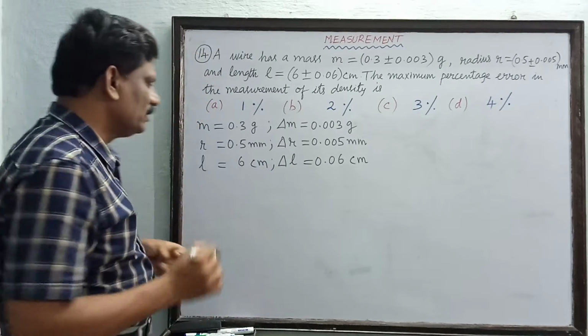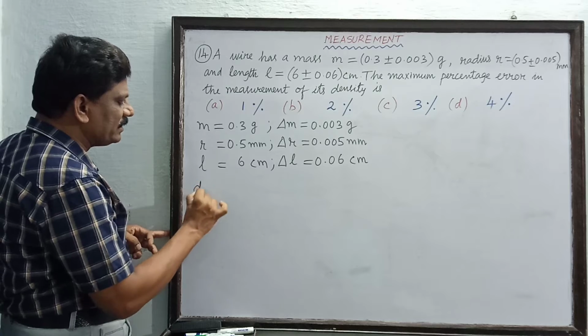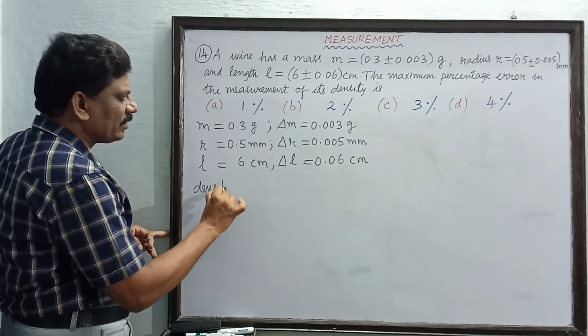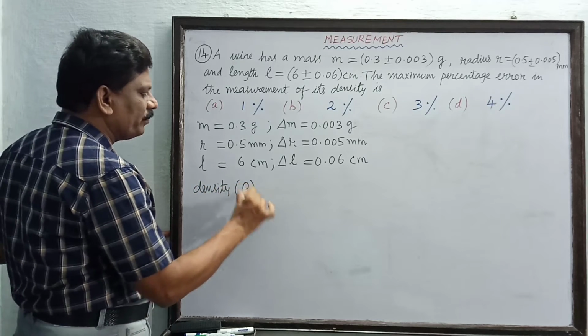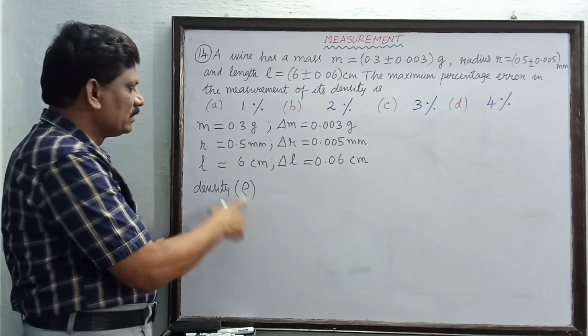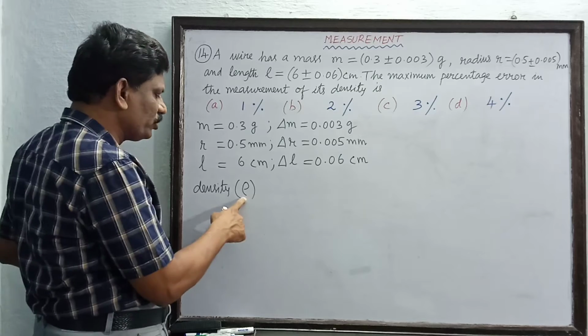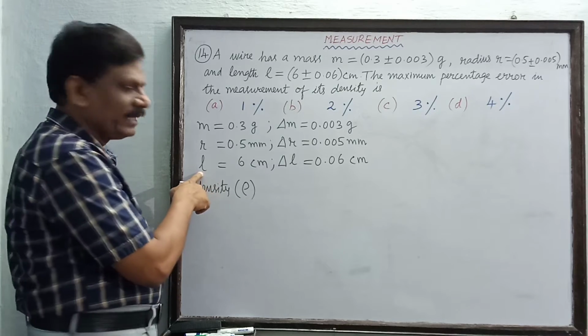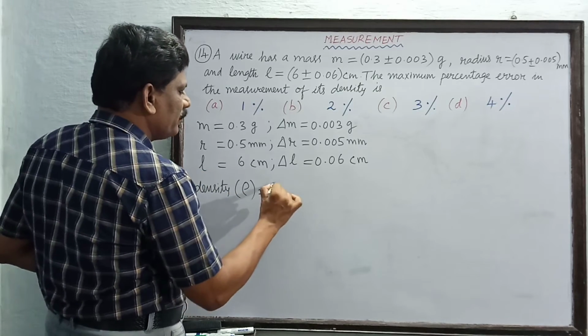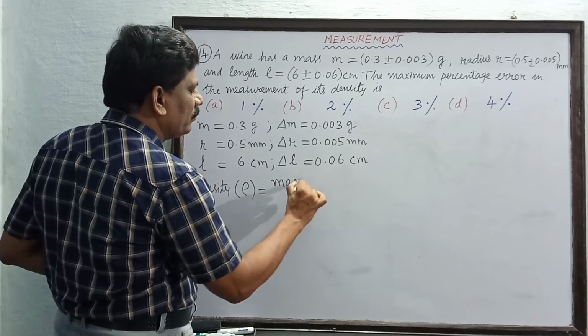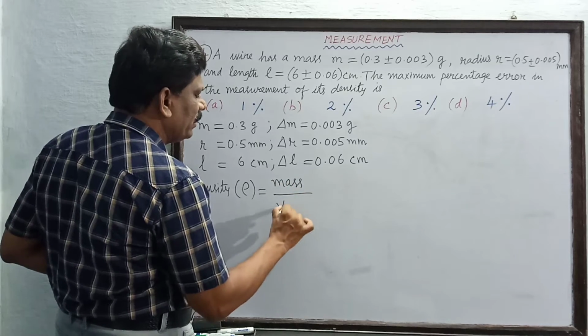Now density, by formula, is represented by the symbol rho. This is rho, this is L. So distinctly you have to write the symbols first. Rho should not be written like L. So rho equal to mass divided by volume.